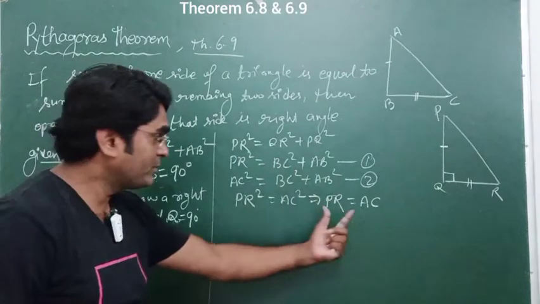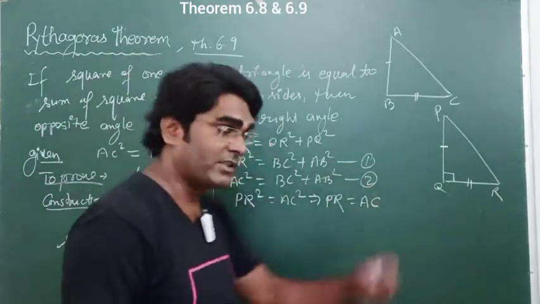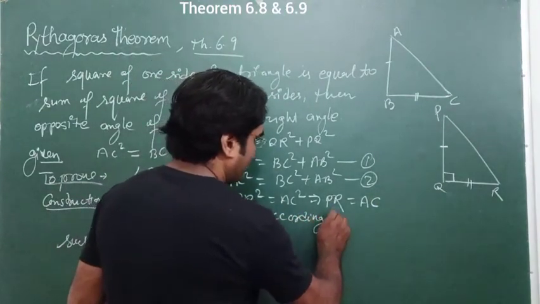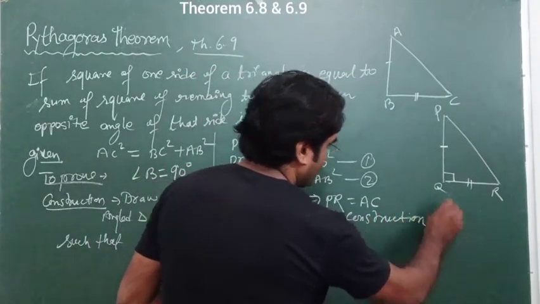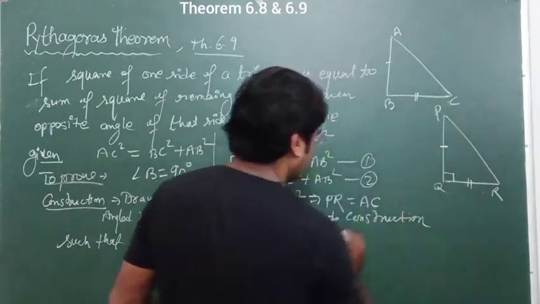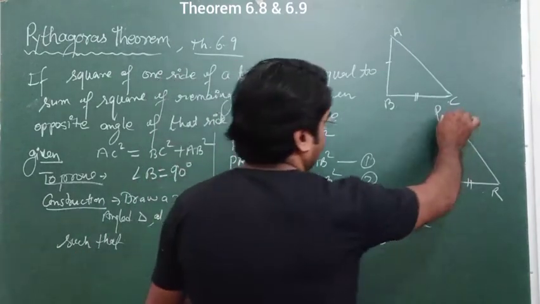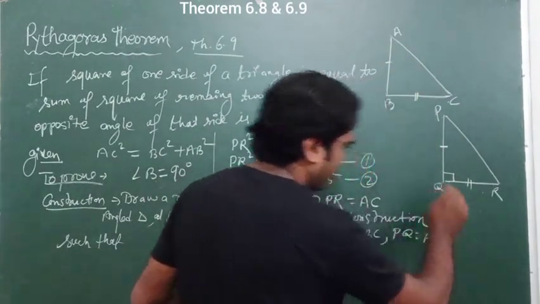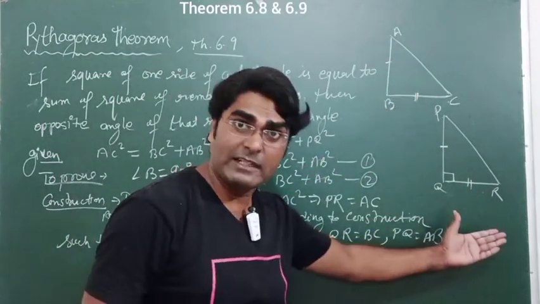This is proved. And according to your construction, QR is equal to BC and PQ is equal to AB. So these two triangles have equal sides.